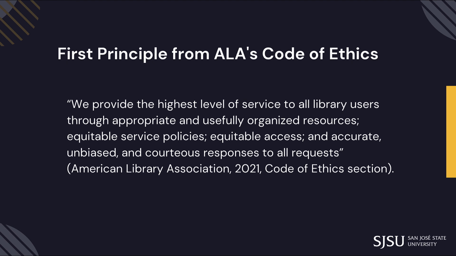Without an understanding of the information cycle and the different types of information sources that come from it, librarians would have a difficult time meeting the standards set for them in the first principle.